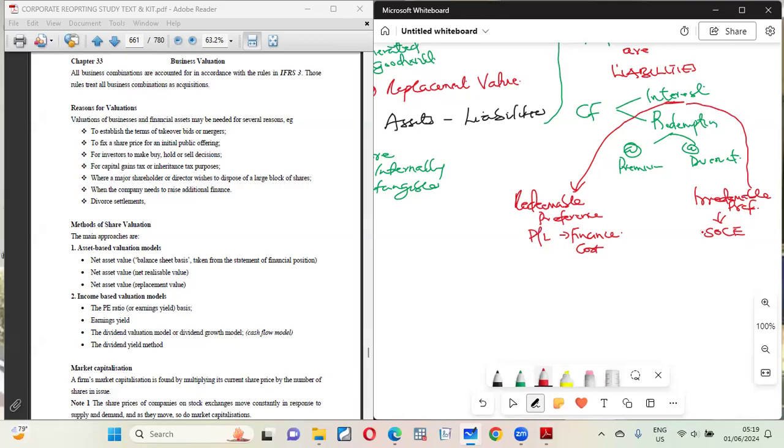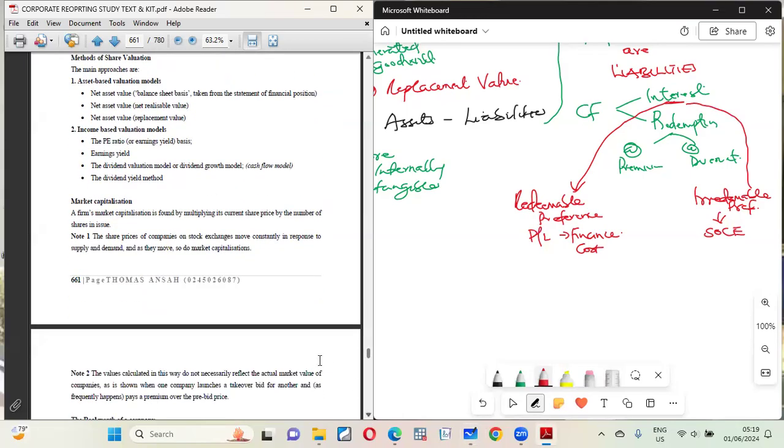In case you just want the market capitalization, it simply means the value of a business. So if I have the price of one share and I want the total value of the business, which we call the market capitalization, another name for the equity is market capitalization.